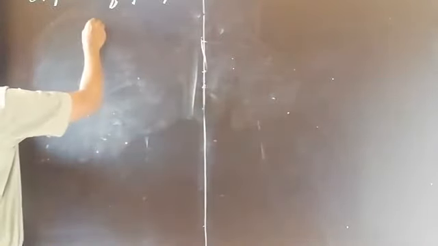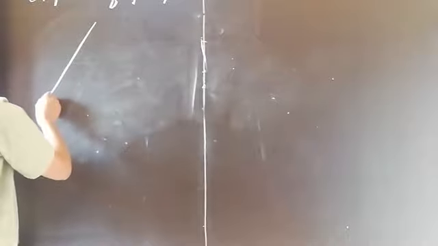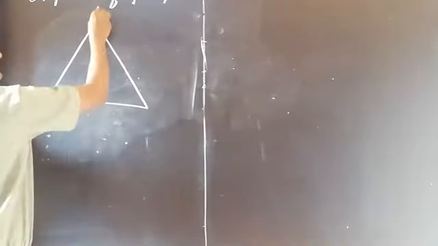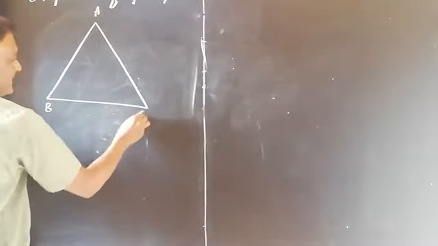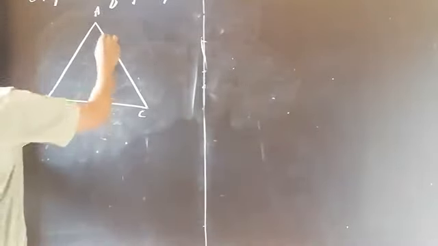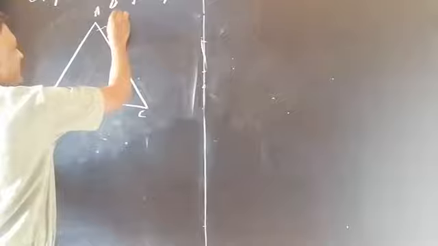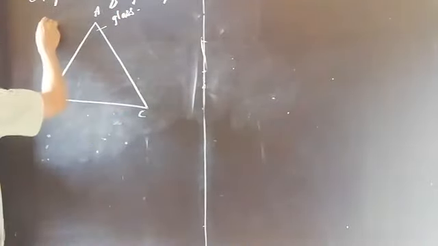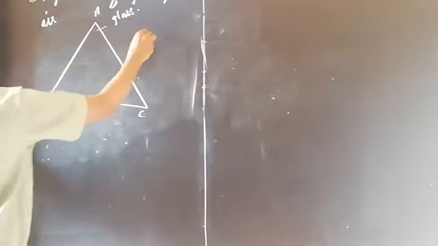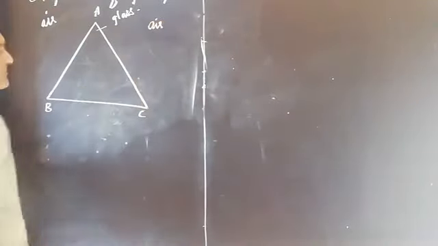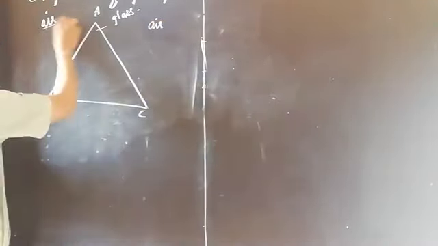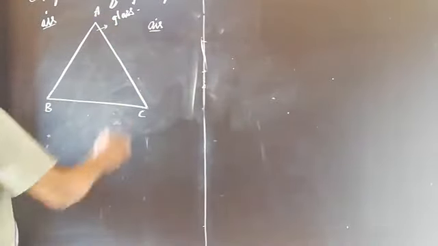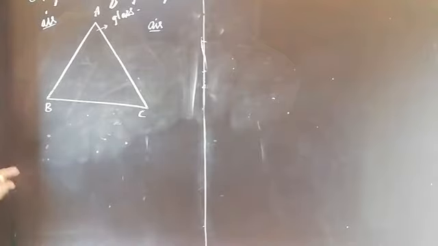Let us consider the principal section of the prism ABC, made of a glass material surrounded by a medium of air. Refractive index of air is to be taken as 1, whereas refractive index of glass is to be taken as 1.5.